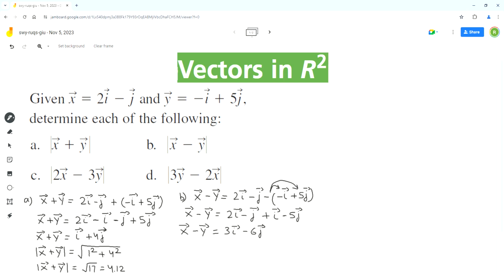Now we can find the magnitude. So we should square the coefficients of i and j and then add them and put the sum under the square root.